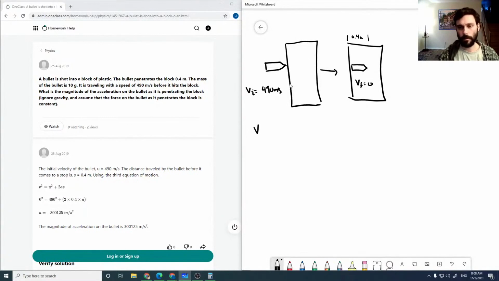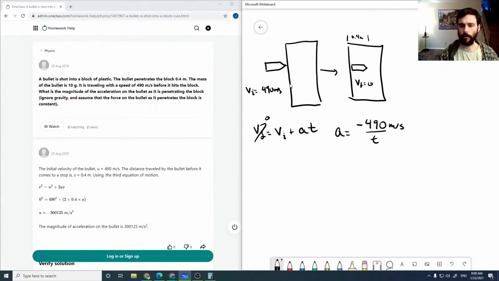So in this case, we've got VF equals VI plus AT. So our acceleration can be written as minus 490 over t meters per second. That's our VF is 0.